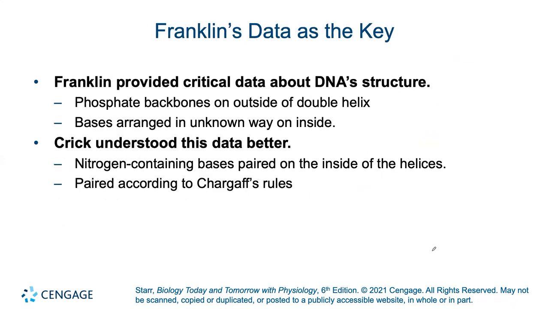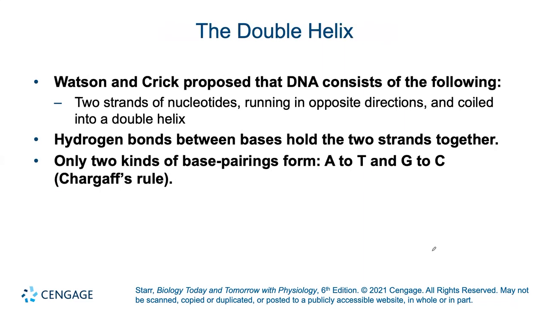Franklin provided critical data about DNA structure, where phosphate backbones were on the outside of the helix and the bases were arranged in an unknown way on the inside. Crick understood the data better and was able to consult an organic chemist that provided the hydrogen bonding that allowed the base pairing to make sense in the context of the model they eventually built and paired according to Chargaff's rules, right?